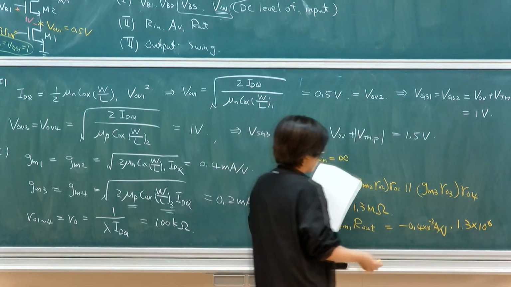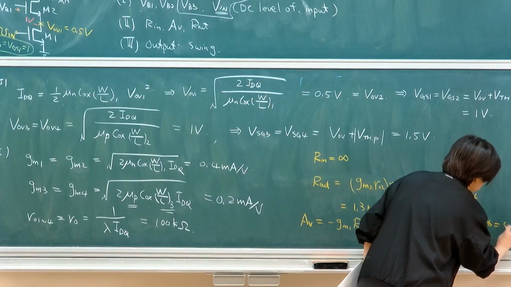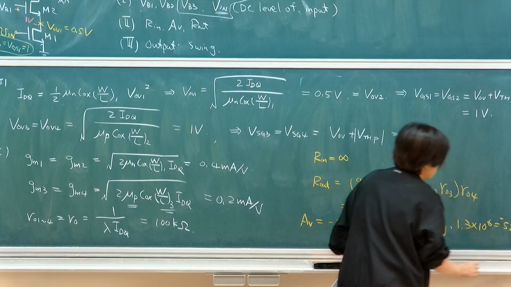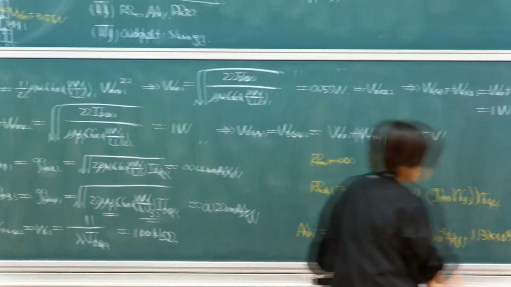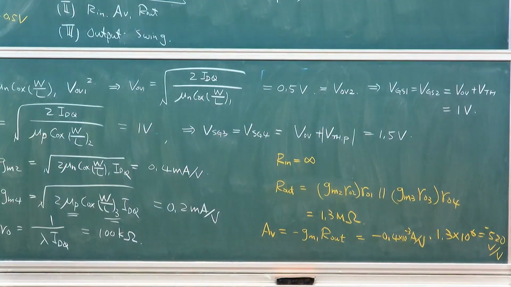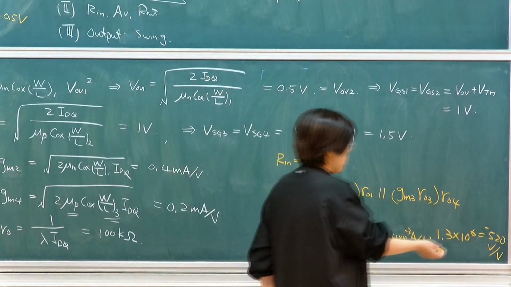So the overall gain will be about 500. Okay? That's pretty high for a single stage. Typically, a MOSFET single stage amplifier delivers gain under 100, or around 50. So this is about ten times the gain of a single stage amplifier.